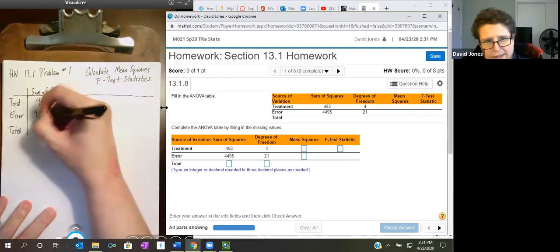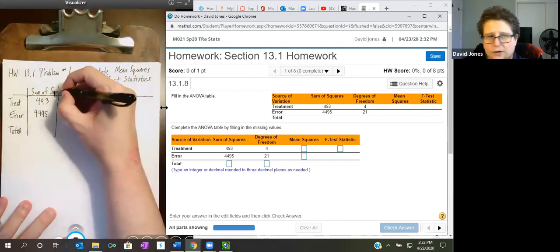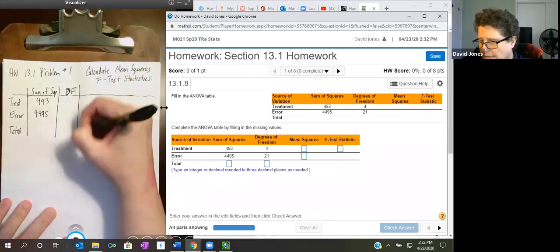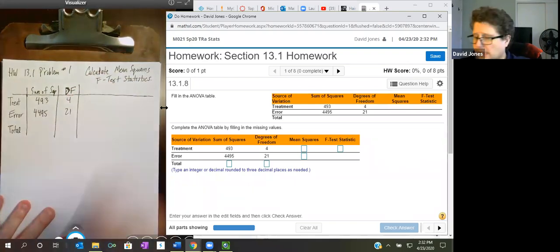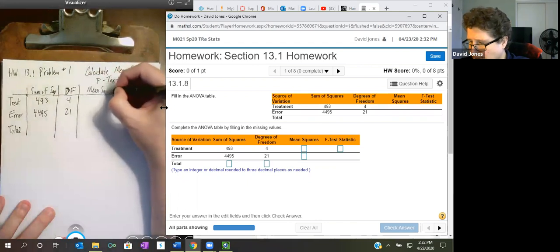And what we calculate, I'll do in other colors. So this is sum of squares. DF is degrees of freedom. And then they want mean squares and F-stat.